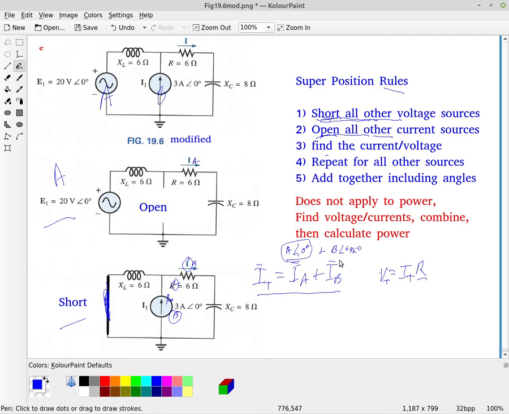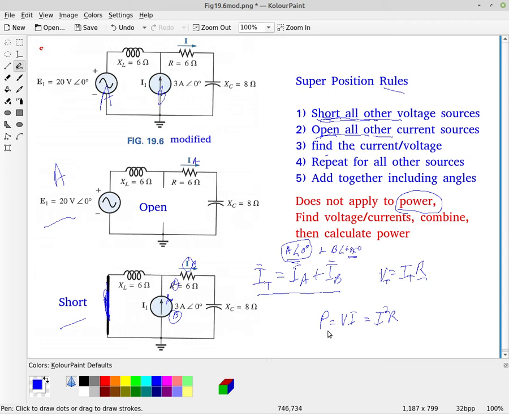So when you add them, you need to make sure you're adding them algebraically. You can't simply say A plus B, you have to include the phase shifts. Now the other thing I want to point out is that this does not apply to power, because remember that power is equal to voltage times current, or another way of writing that would be I squared times R for true power.